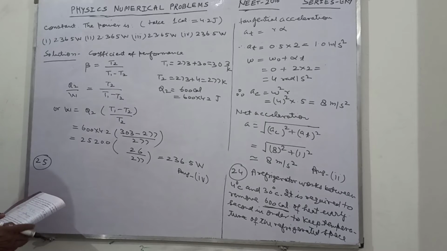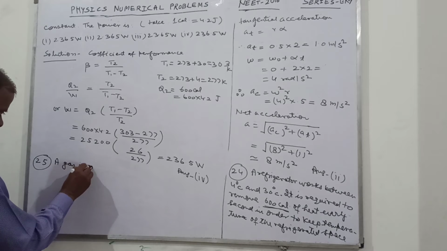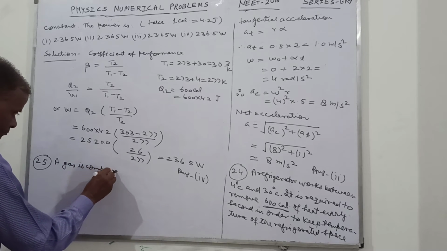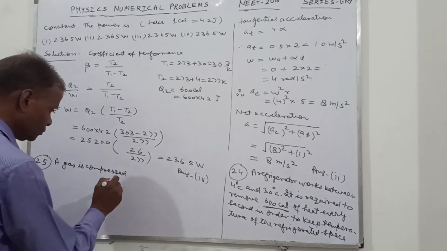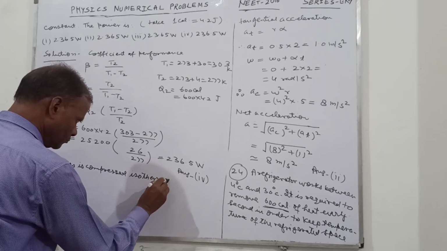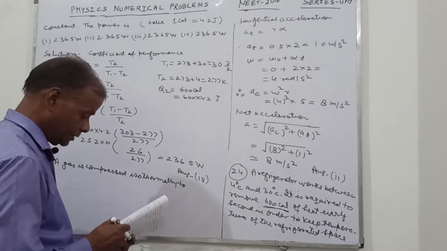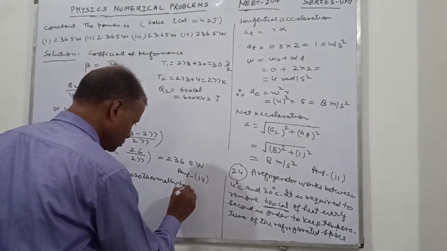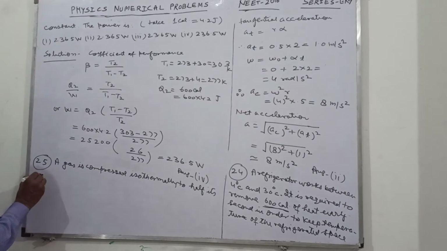A gas is compressed isothermally to half its initial volume.